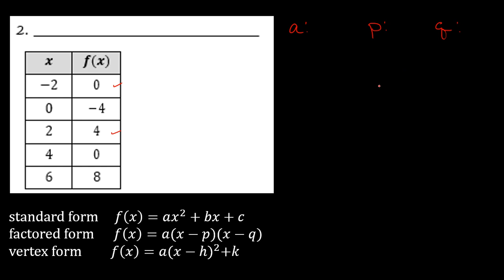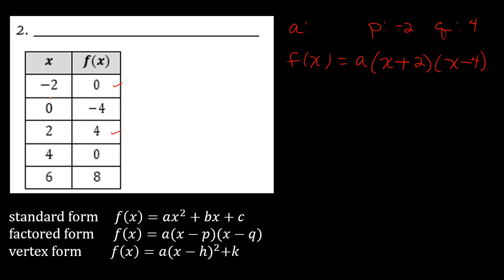Now, the only way that you can find your A value from a function table is if your x values are consecutive integers, and they're not. But I do know my P is negative 2 and my Q is 4. So let's go ahead and write what we know. We have x minus negative 2 and x minus 4.